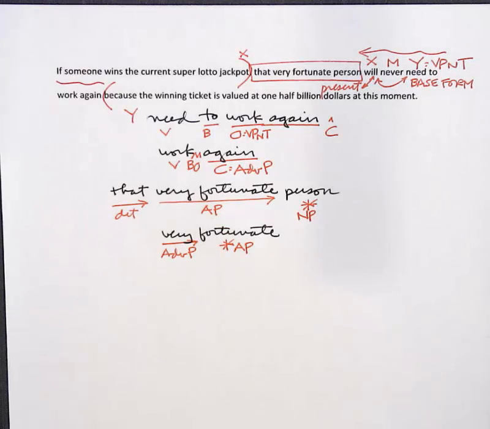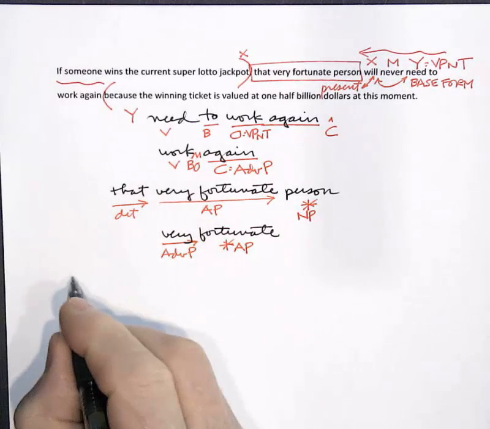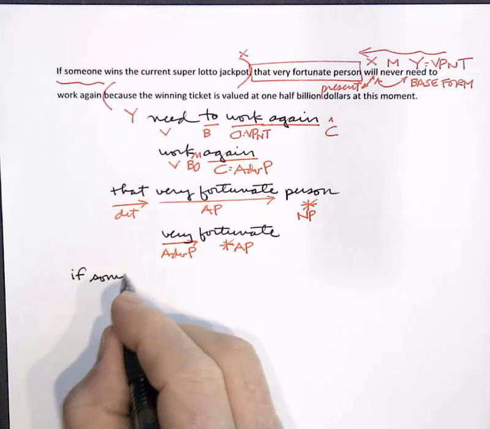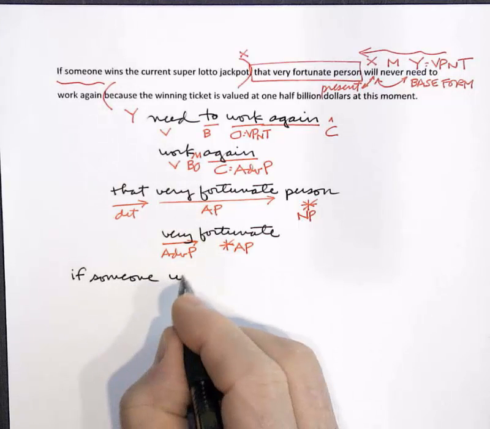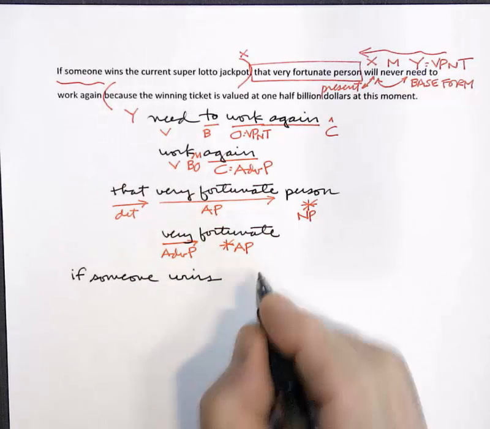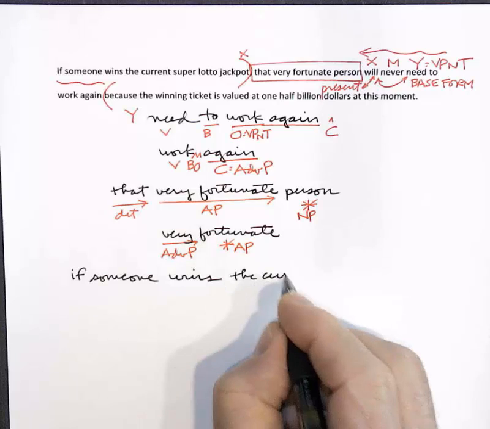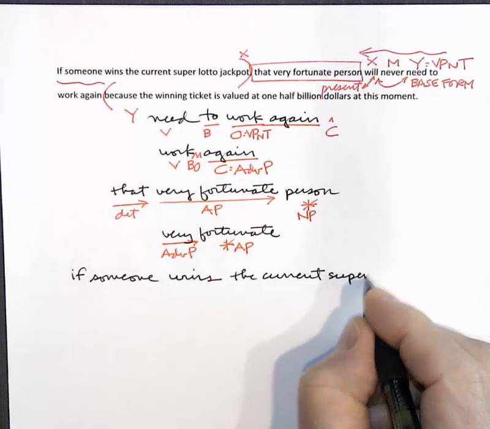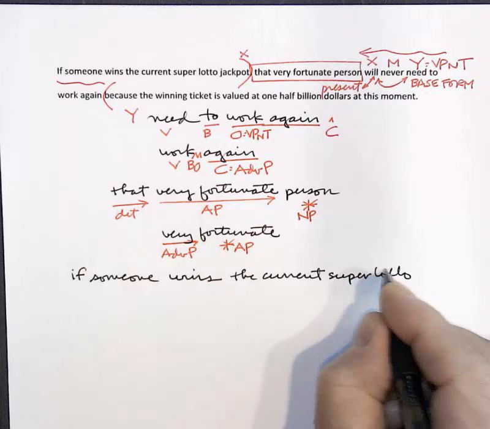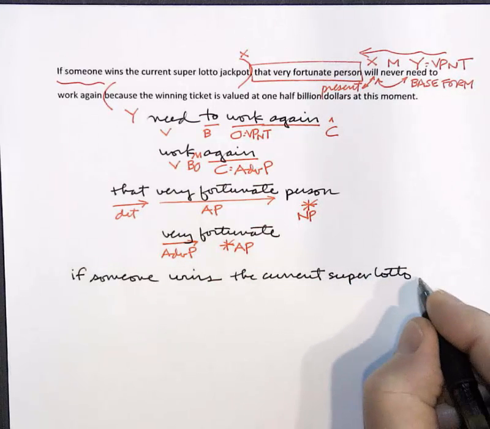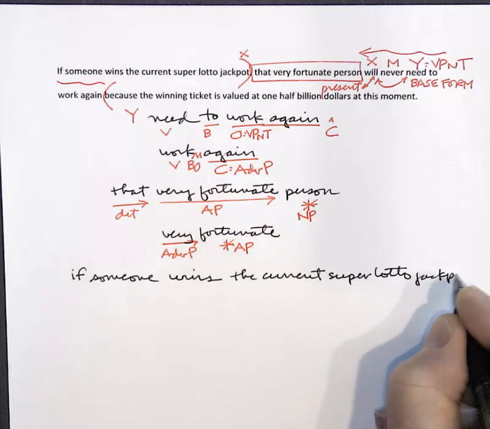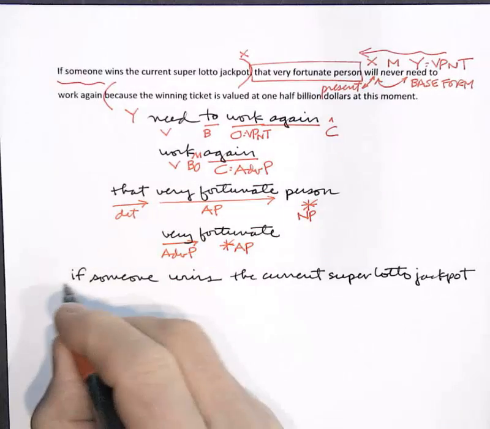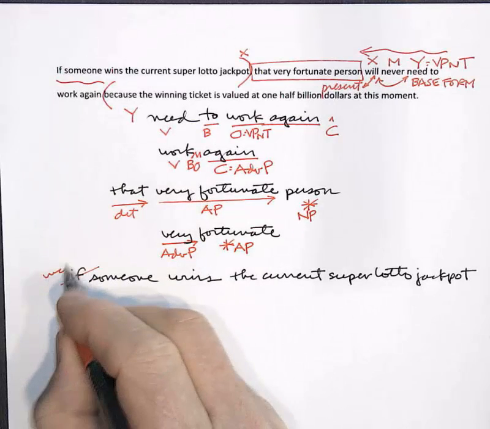Now, let's take a look at our front shifter first, maybe. If someone wins the current Super Lotto jackpot. Now, if is the includer.